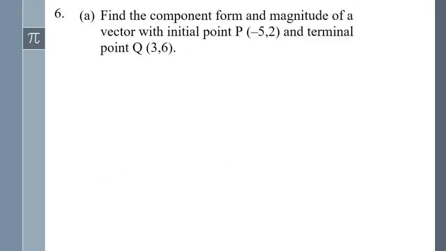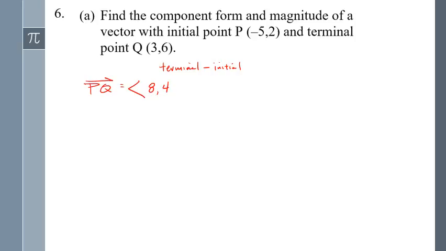All right, 6, find the component form and magnitude of a vector with initial point P and terminal point Q. So we're finding vector PQ, which is the terminal, remember it's always terminal minus initial. So if I'm making vector PQ in component form, it's going to be 3 minus -5, which is 8, and 6 minus 2, which is 4.